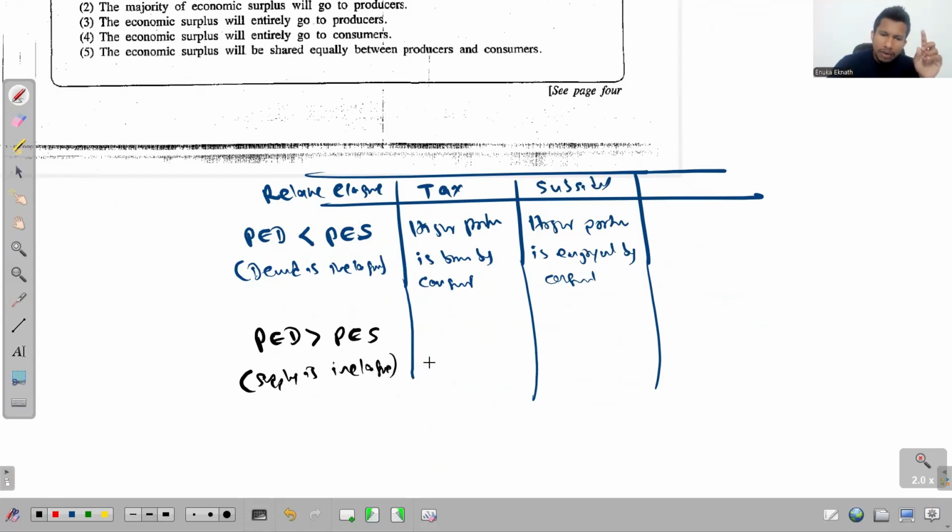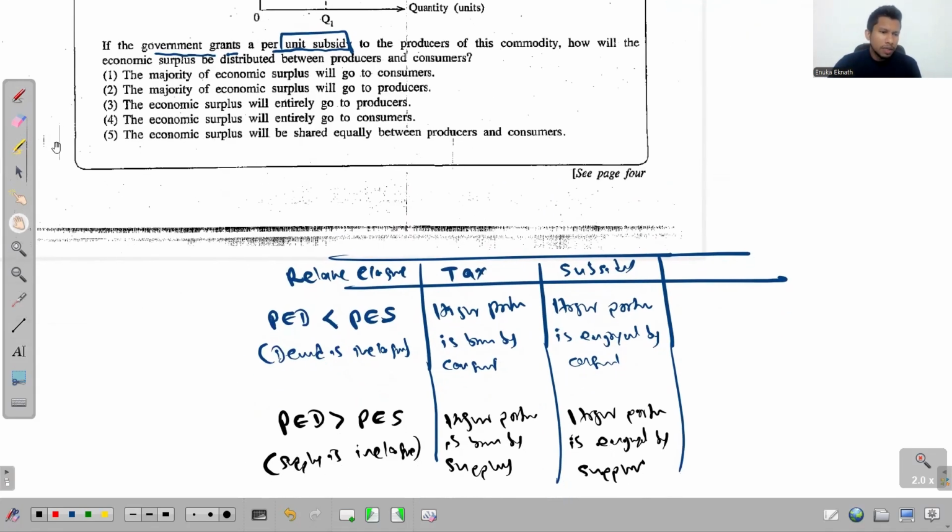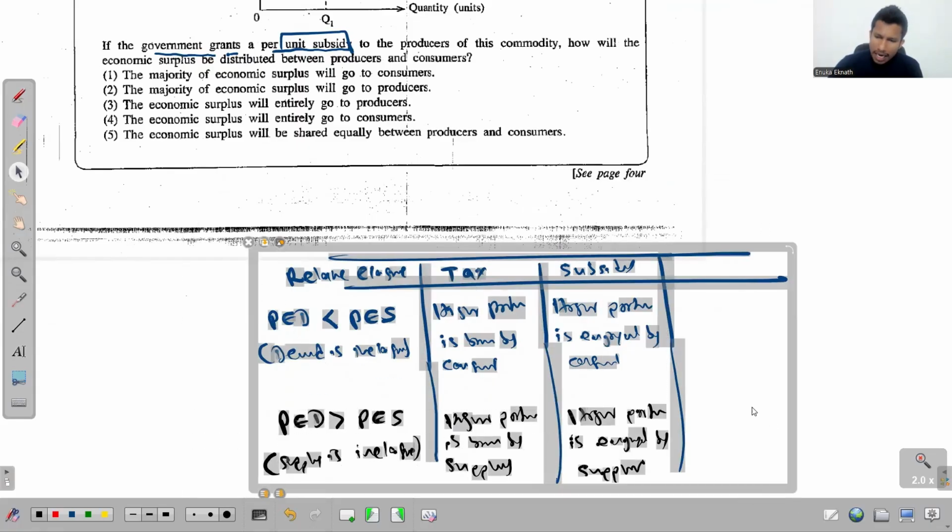If supply is relatively inelastic, a higher portion is borne by the supplier. If it's a subsidy, a higher portion is enjoyed by, again, the supplier. You can find the answer easily.